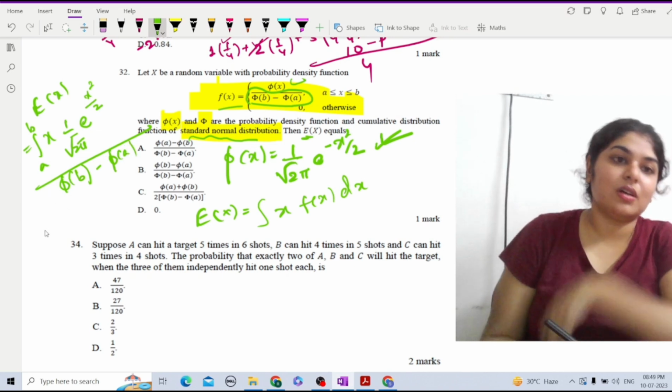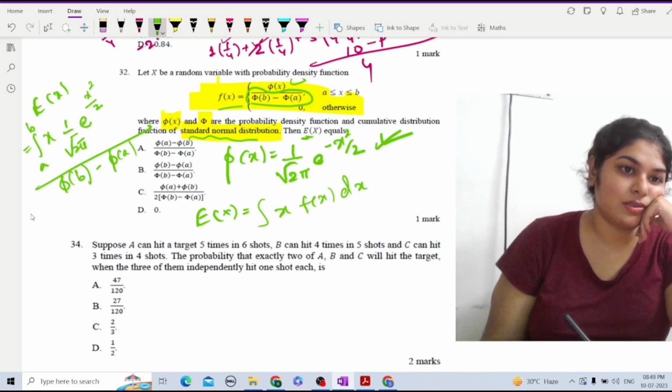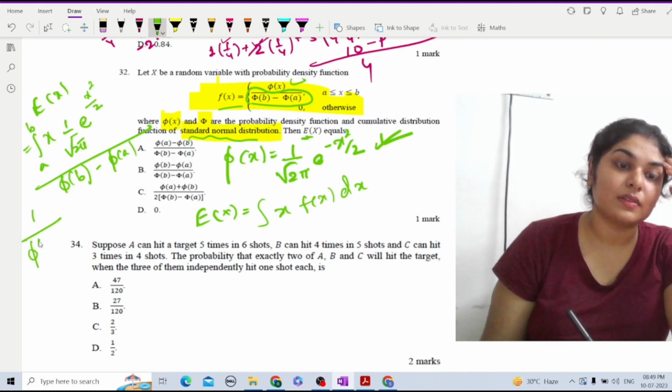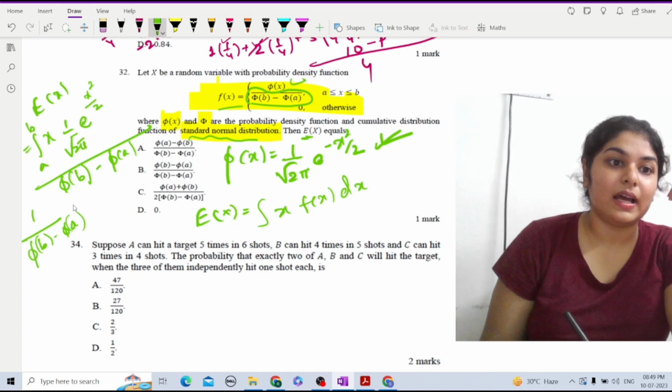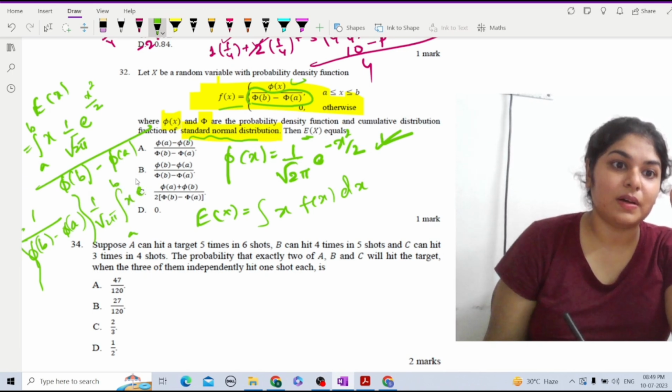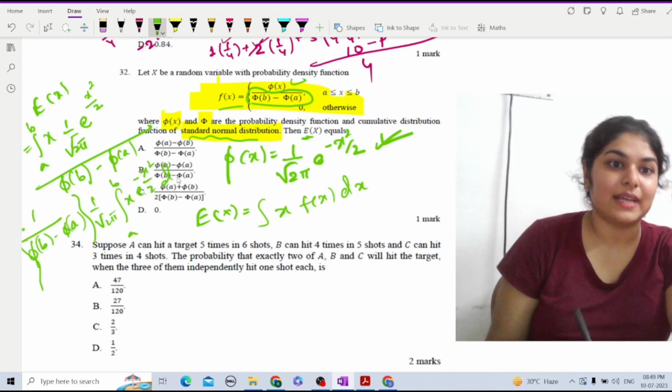So let us take all the constant values outside, that is 1/(Phi(b) minus Phi(a)) into 1/root 2 pi, and here we have the integral from a to b of x e to the power minus x square by 2 dx.